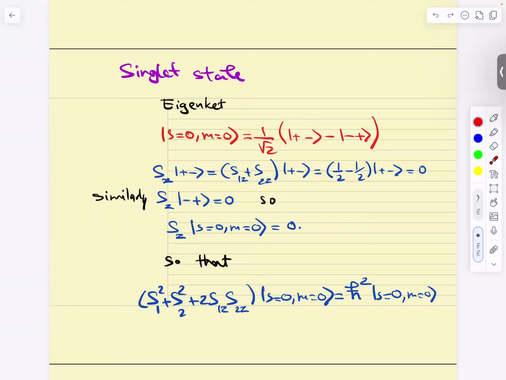You might have been tempted to say, oh, this term alone has spin 0. That's incorrect. Quantum mechanics picks the entangled state with a minus sign as the one that has spin 0.